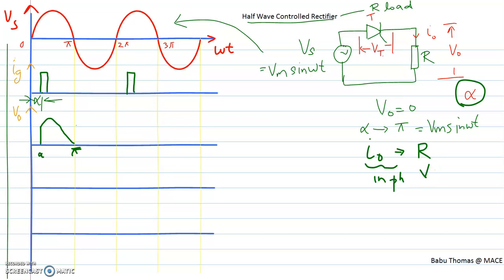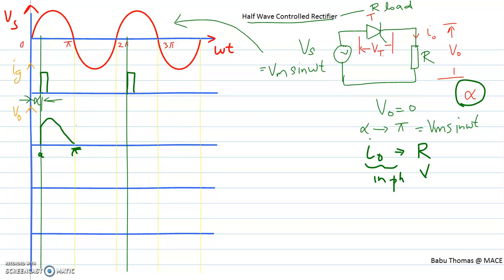Therefore, when the voltage reaches 0 at pi and then goes to the reverse bias condition, the current has also reached 0. Therefore the system will go to the turn off state, because the anode current has come to a value much below the holding current and the system gets turned off. So two conditions are met and the device goes to the turn off state.